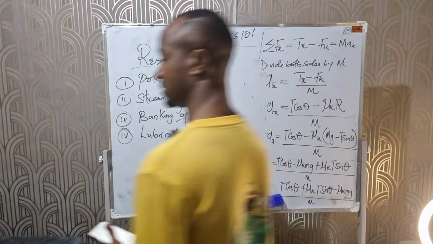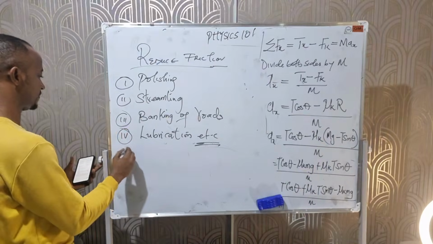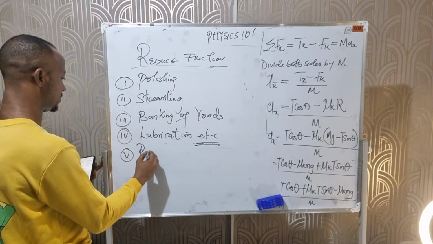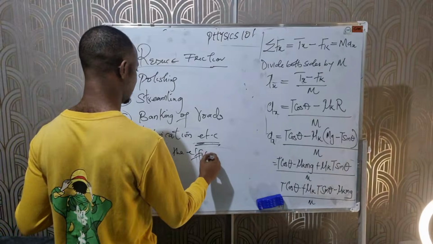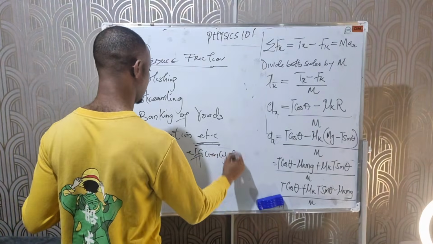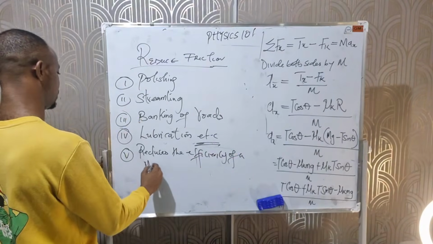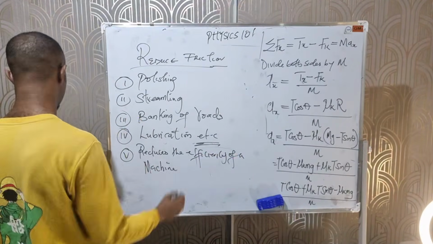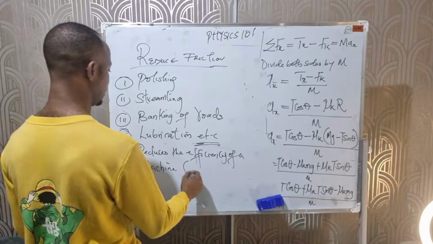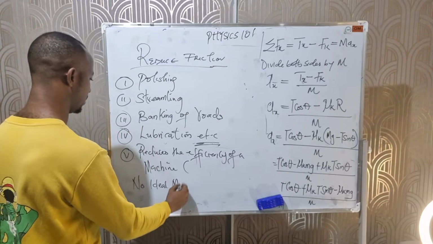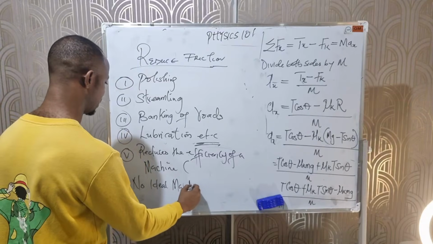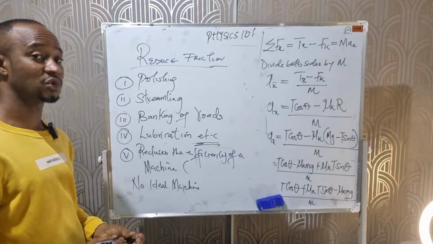Someone also mentioned in the comment section that friction reduces the efficiency of a machine. That tells us there is no ideal machine in the real world.